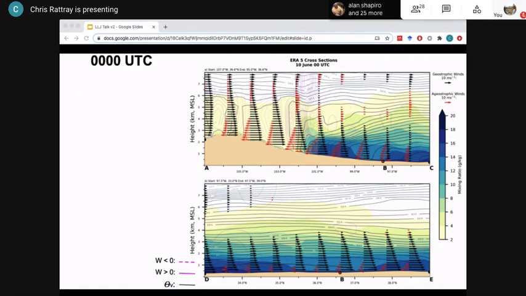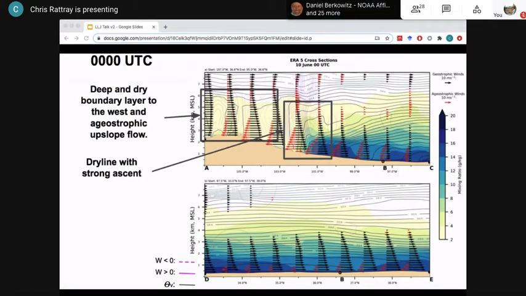The pink contours are vertical velocities, where solid is positive and dashed is negative. And then the black lines are the theta V contours, and colors are mixing ratios.